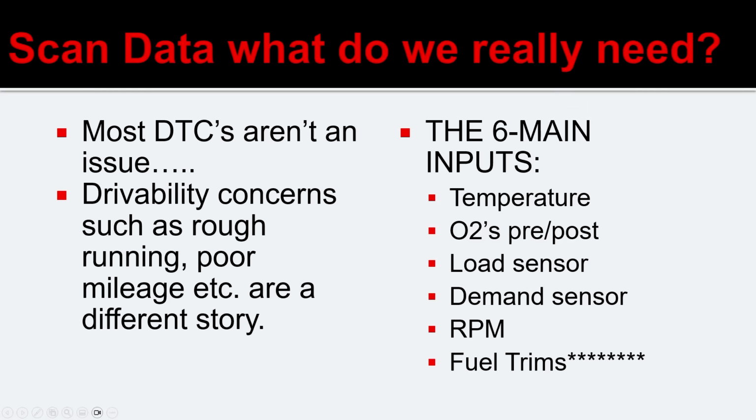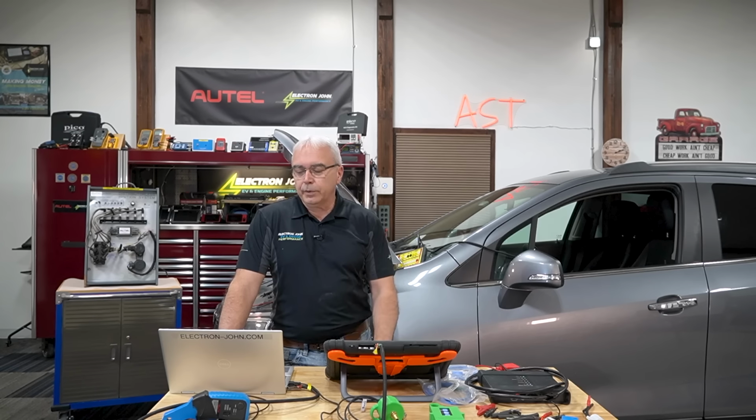I key in on 6 main lines of data, so 6 different PIDs. For those 6 PIDs, a lot of times I'm going to generic or global OBD2, for the simple purpose that I don't have interpreted or substituted data from different car lines if there's a hard fault. These 6 lines of data are always found on every type of car on the global side of OBD2.